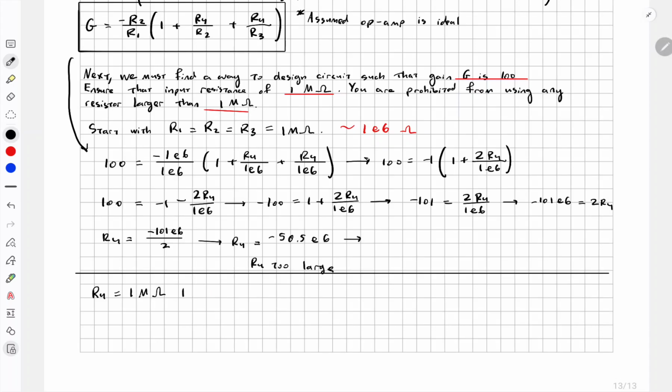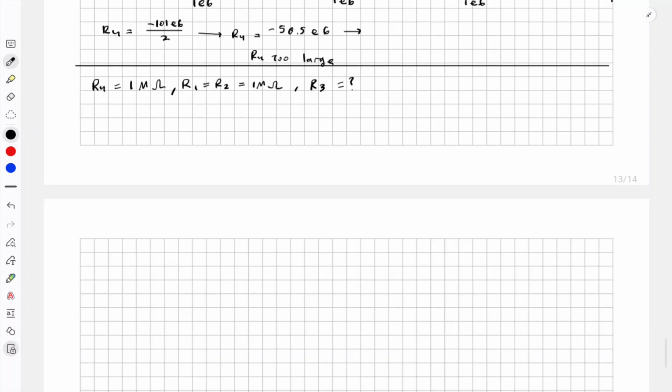R1 and R2 are also 1 mega ohm. We don't change that from before. What we do change is now we're solving for R3. So the key to this iterative process is you change one resistor at a time. So now let's solve for that.